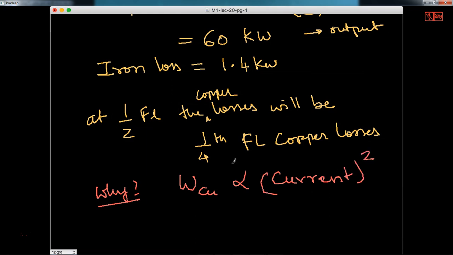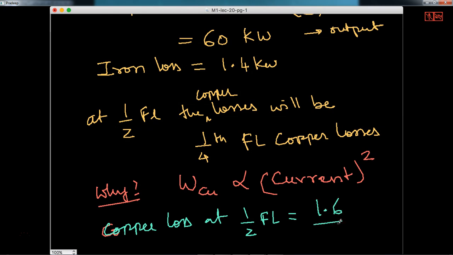Since copper loss is proportional to square of the current, if the current is becoming half, then the copper loss will become one-fourth. Therefore, copper loss at half full load is equal to 1.6 divided by 4, that will be 0.4 kilowatts.